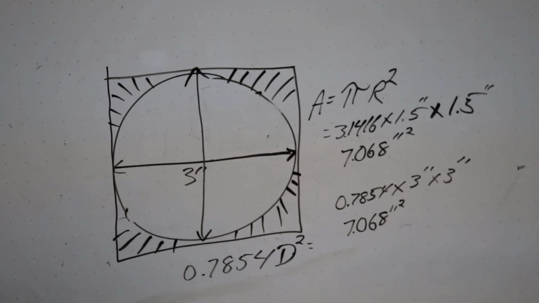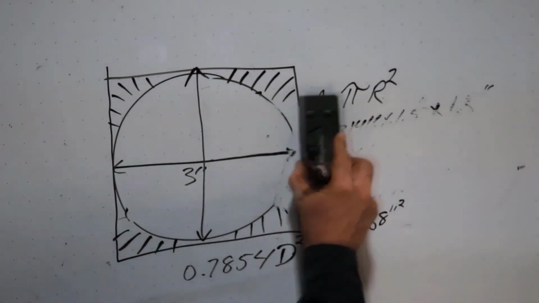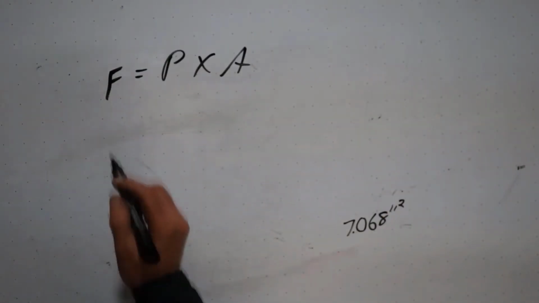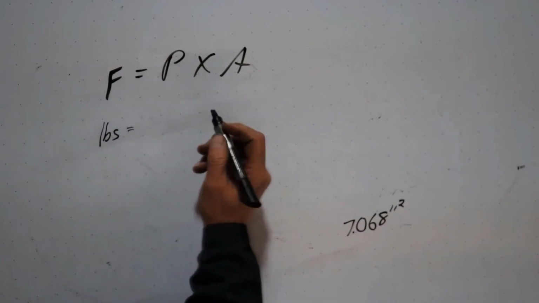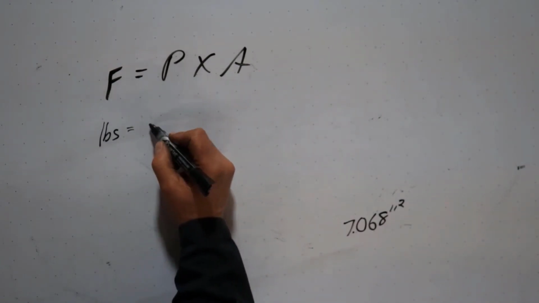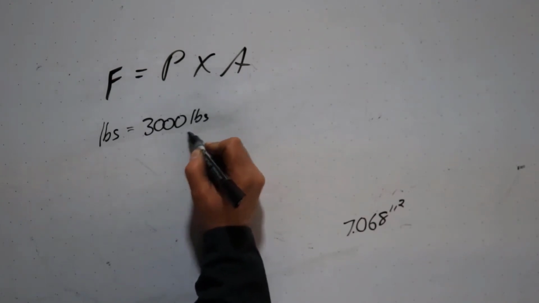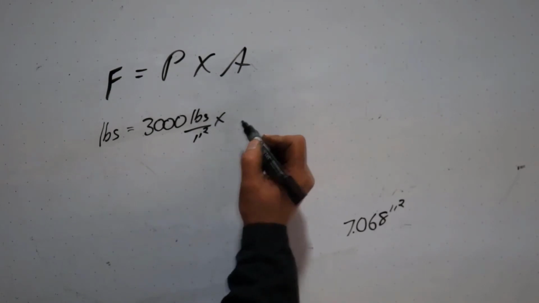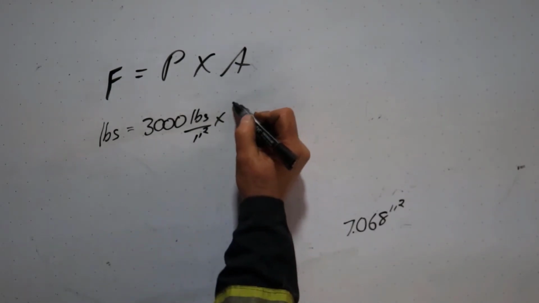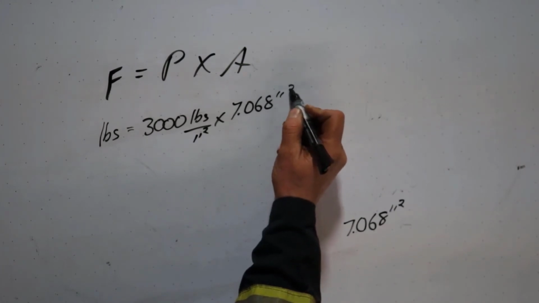So let's go back to our original equation. I'm going to keep the number on the board. So our force equals, if we remember right, our pressure was 3,000 pounds per inch squared times our area, 7.068 inches squared.